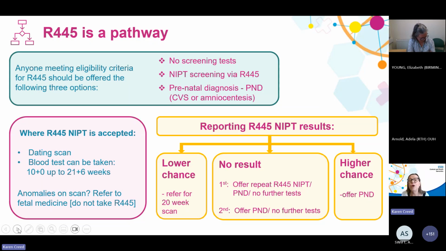So if we get a no result, then they can have 1 repeat NIPT or prenatal diagnosis or no further tests. And of course, if that second NIPT sample also fails, then at that point they don't get offered another NIPT test, but they can go for prenatal diagnosis if they request, or can opt out at that point. Or of course, they may get a higher chance result, in which case refer off.